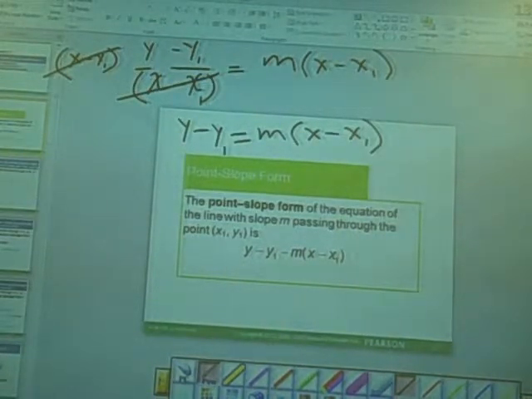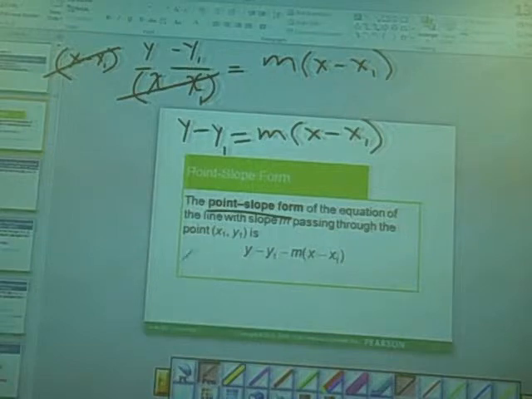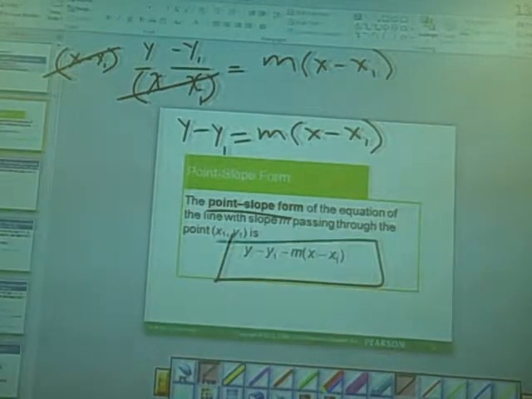So if you don't remember your point slope equation, then you can always derive it from the slope of 2 points equation. Just take your denominator, move it over to the right with the slope. Okay? But you need to know this equation here. Okay? For what we're going to be writing equations with that.